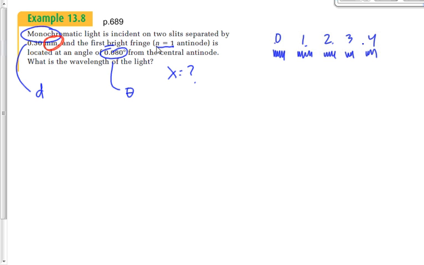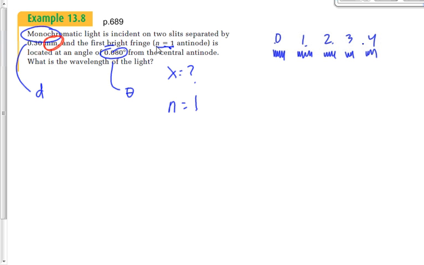We want the difference. The difference between 0 and 1 is 1. So n is equal to 1, but not because they say n is equal to 1 there, but because 1 minus 0 is 1.